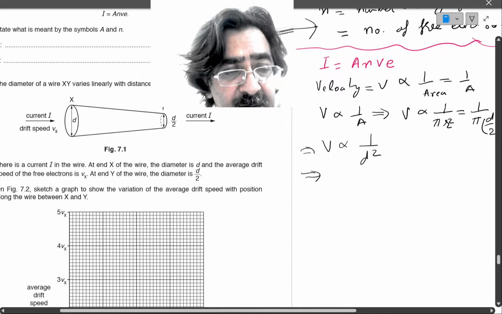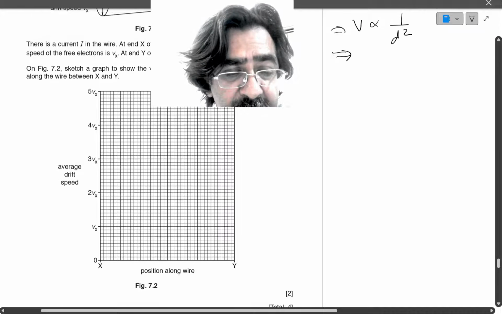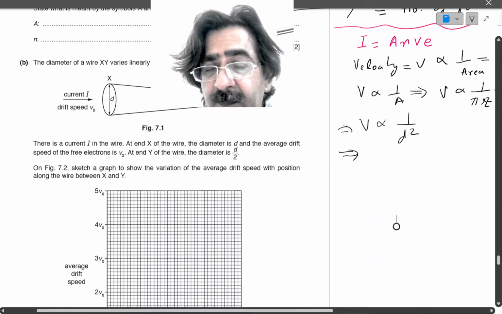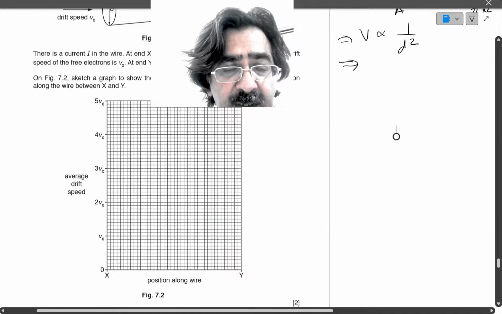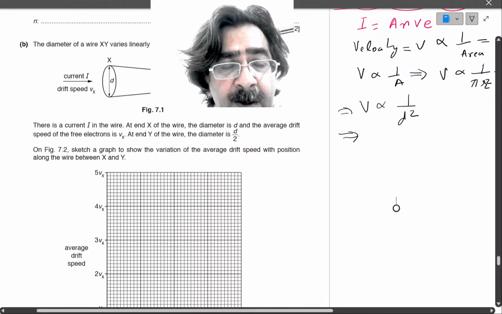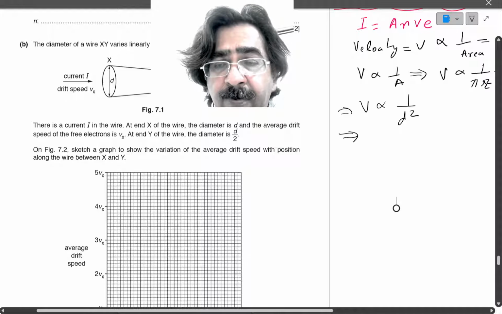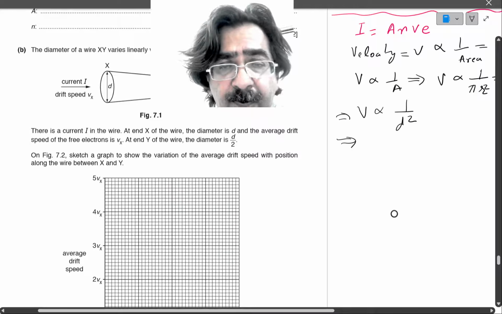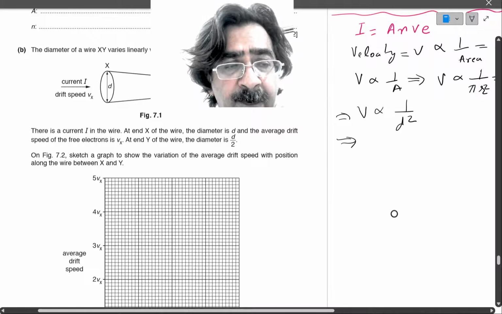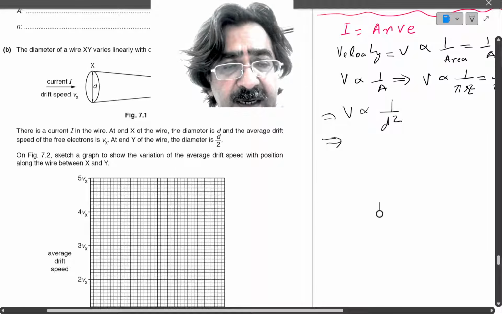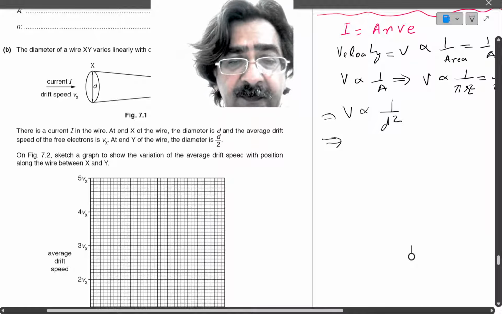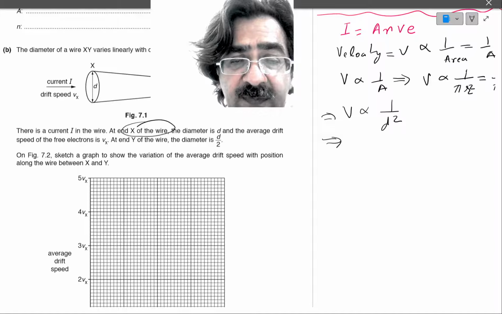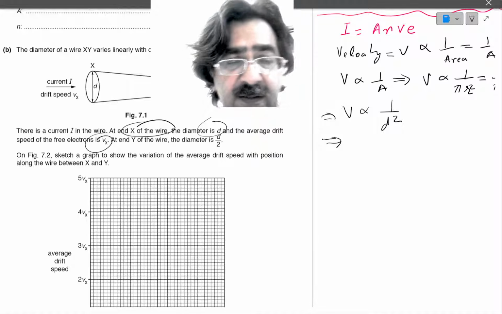So at x, that is given, the current in the wire is I, and at the end of the wire the diameter is D and the speed is Vx.